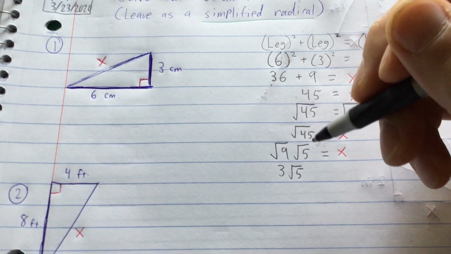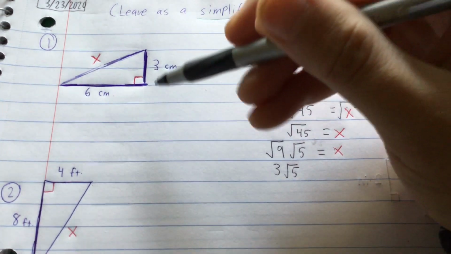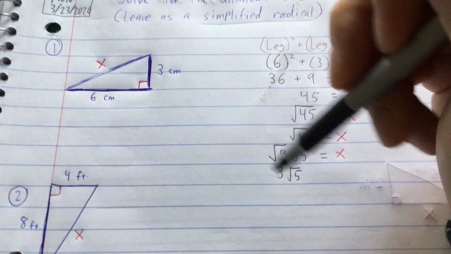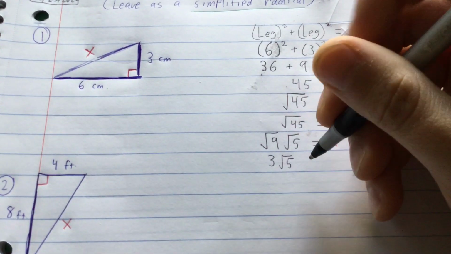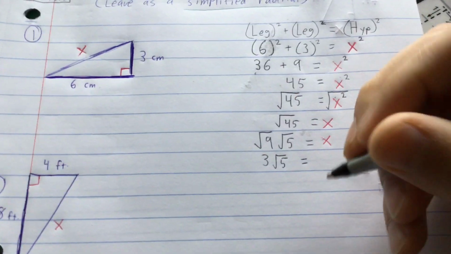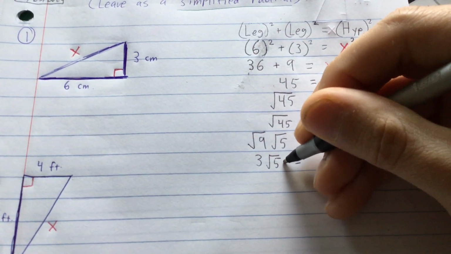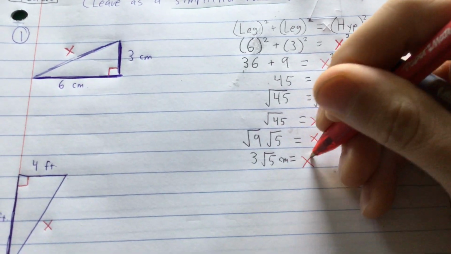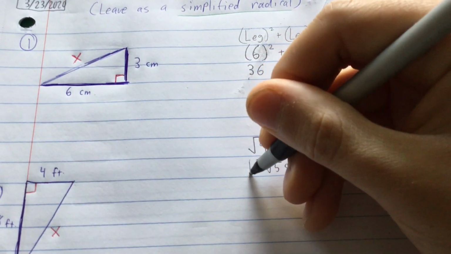So for the unknown side of this problem, 3 squared plus 6 squared equals x squared, x has to be 3 times radical 5. Oh, sorry, centimeters. Stay with the units. So 3 radical 5 centimeters is equal to x.